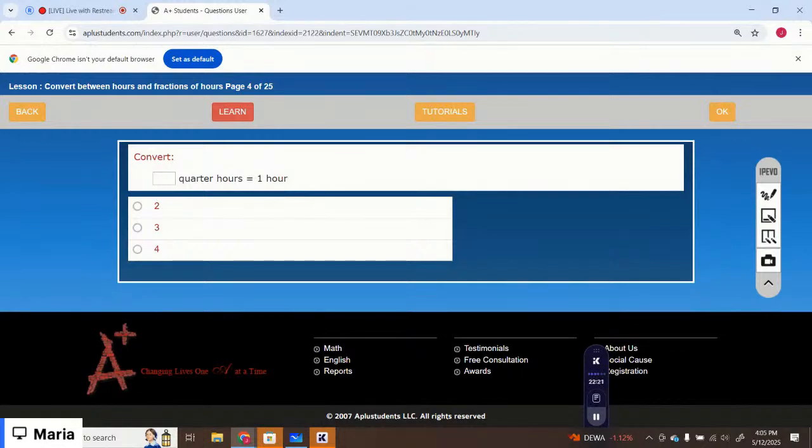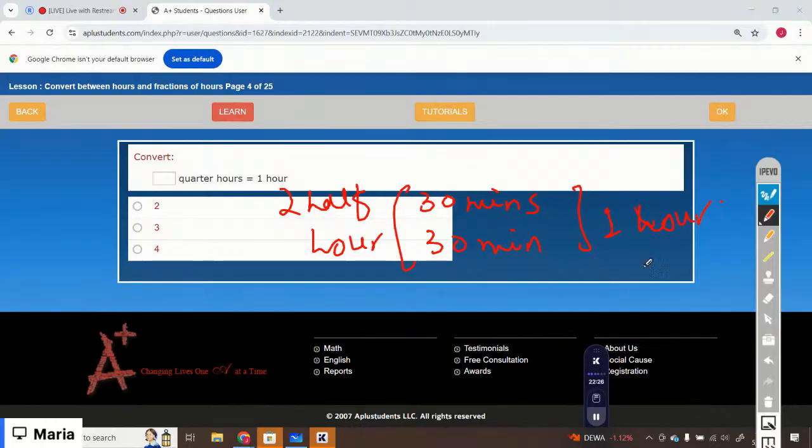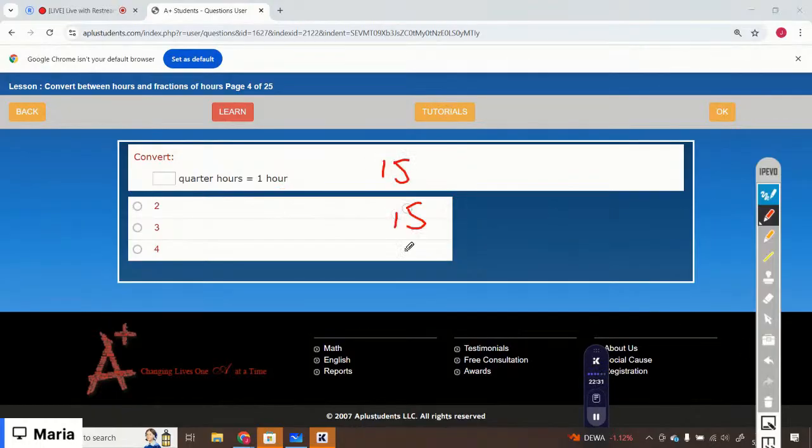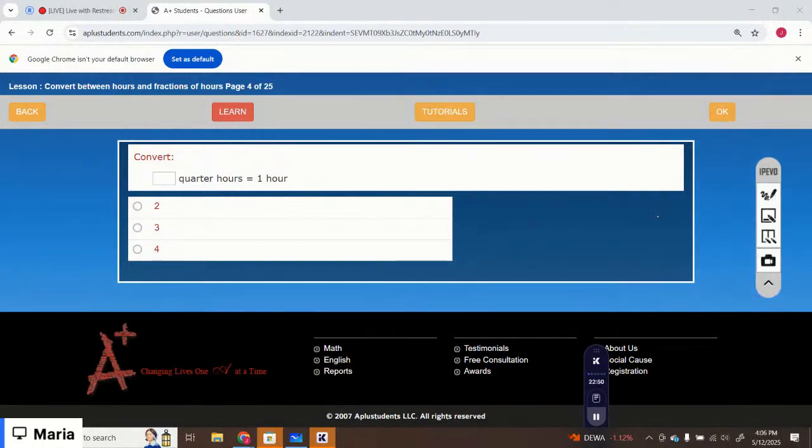1 hour equals how many quarter hours? So 15 minutes equals a quarter hour, right? 15 plus 15 plus 15 plus 15 together they make 60 minutes or 1 hour, right? So that means 4 quarter hours make 1 hour. Got it?